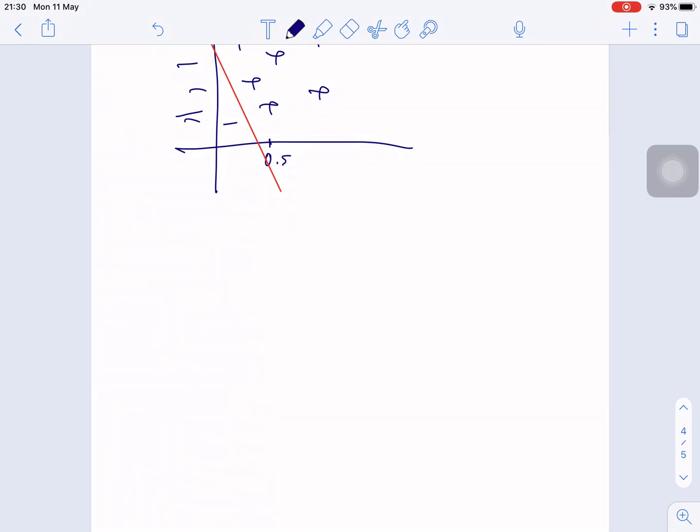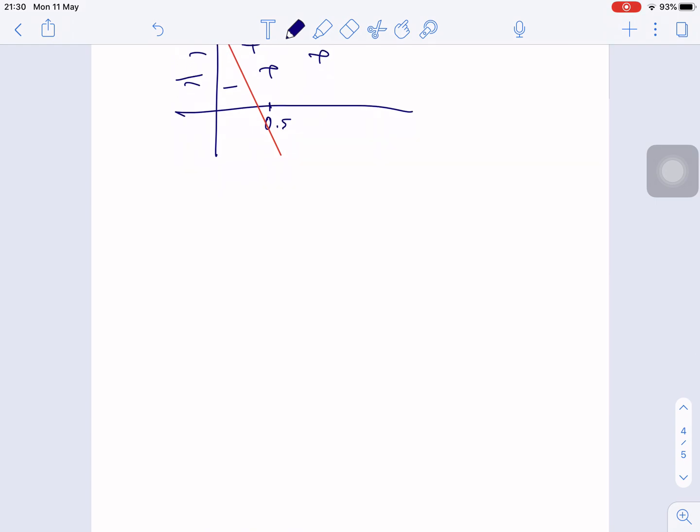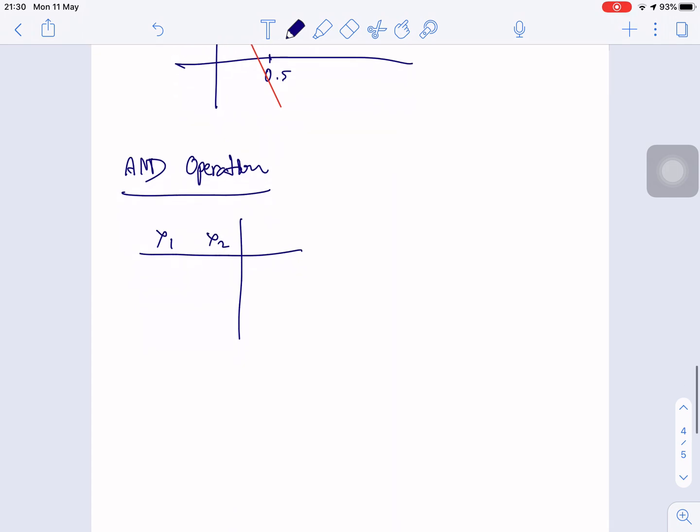Well, now we have to train it automatically. So guys, let's start. If we want to work with the AND operation, we have four training examples, right?